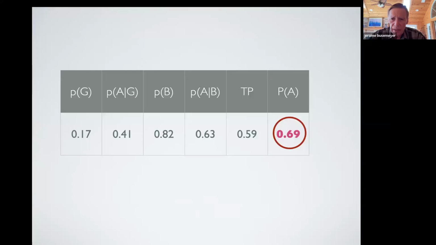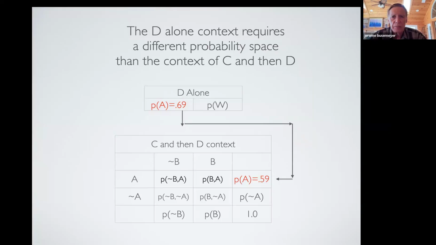common probability space. And to contextualize these probabilities, we have one probability distribution when we don't ask about the category first and look at the decision to attack. And we have another probability distribution when we first categorize and then decide to attack.